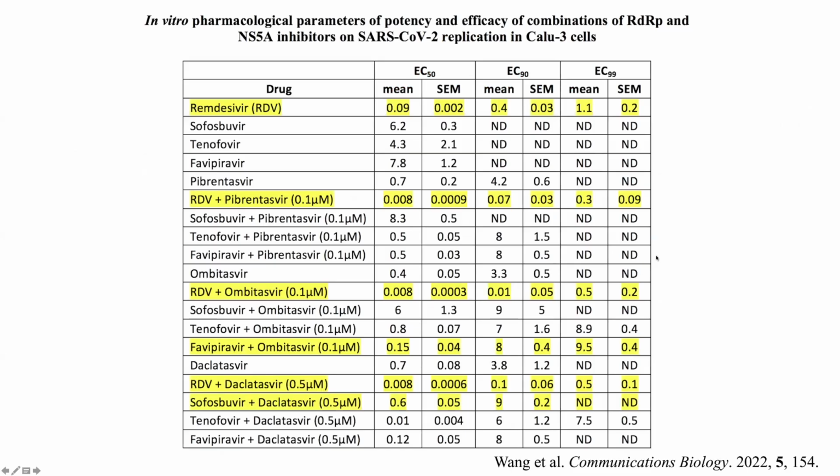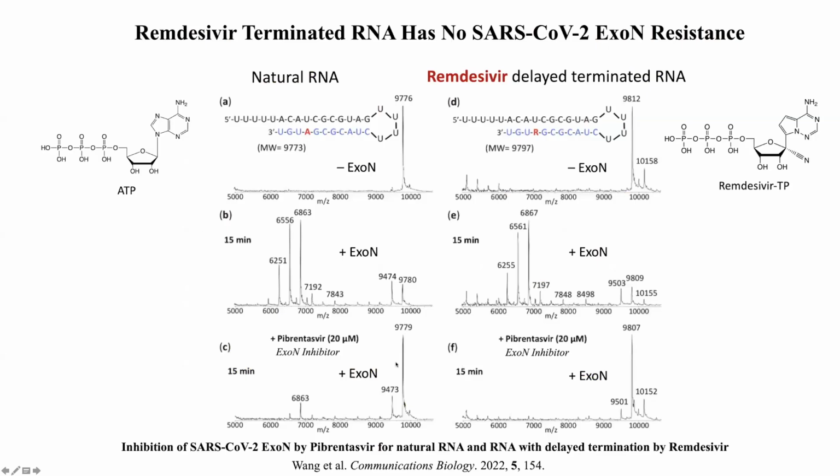Again, our collaborator Tiago Moroso in Brazil performed this viral synergistic assay. For example, remdesivir by itself has this much potency. When we combine it with this exonuclease inhibitor, you can see the potency increased tenfold, and so on.